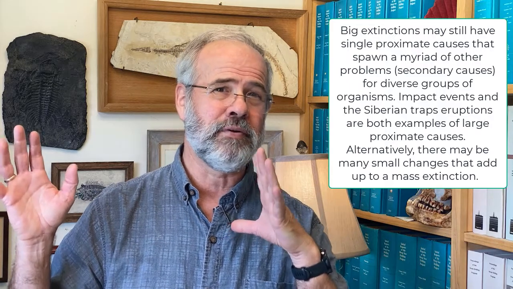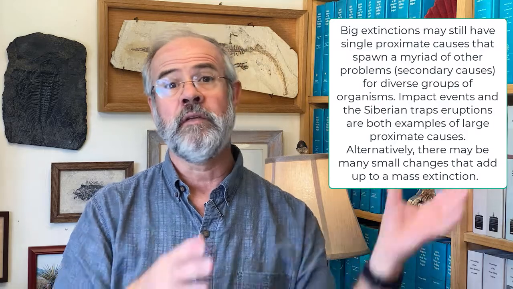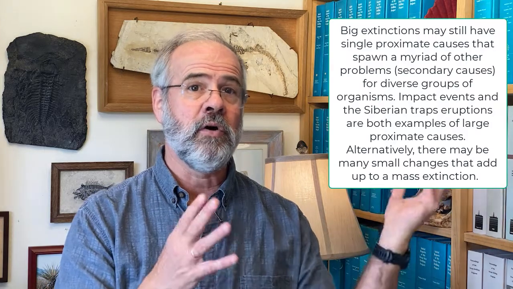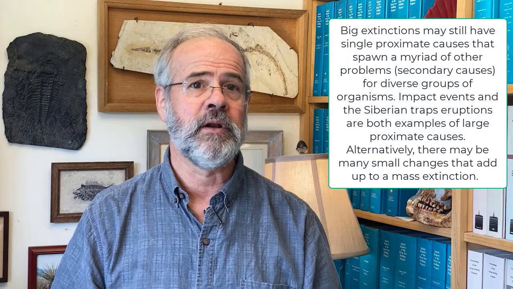There is also the problem that big extinctions almost certainly have multiple causes. Of course, really big events might still have a single proximate cause, such as a disaster like an asteroid impact or the Siberian traps erupting through coal beds. Alternatively, they may reflect multiple interacting causes that add up to a pattern not explained by any single phenomenon.